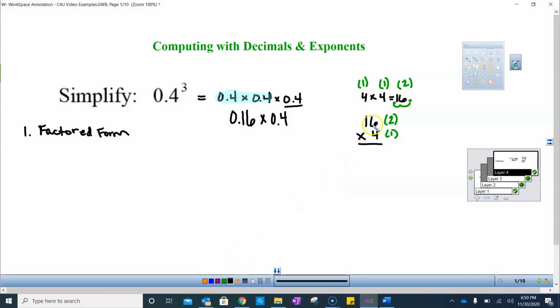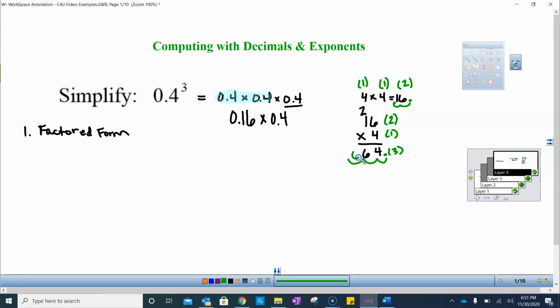And then you would multiply 6 times 4, 24, carry the 2. 4 times 1 is 4, plus 2 is 6. As if there's no decimal, you do that multiplication. And then now that we're done multiplying, we total up 2 and 1 is 3. I need 3 digits to the right of the decimal. So I'm going to start on the end, and then I'm going to swoop in 1, 2, and 3.